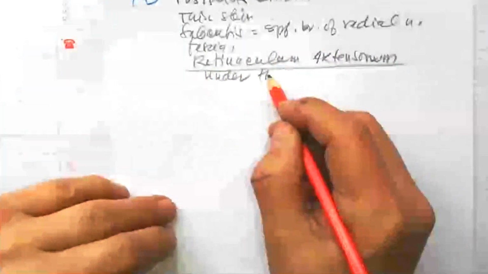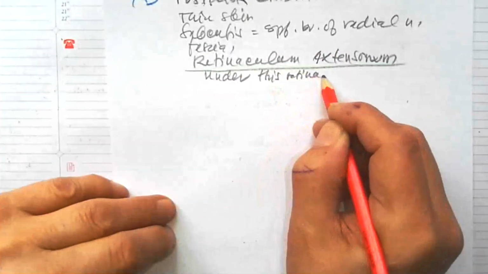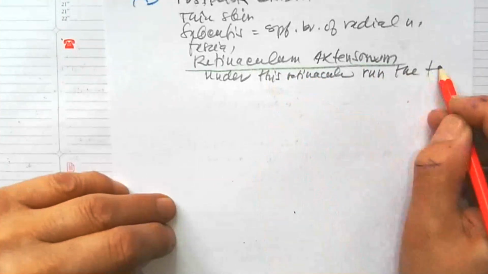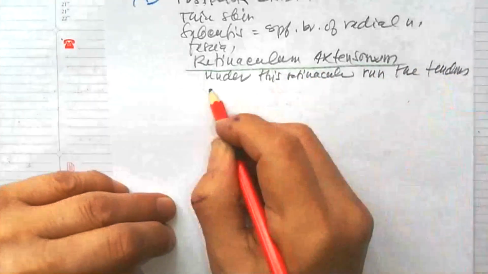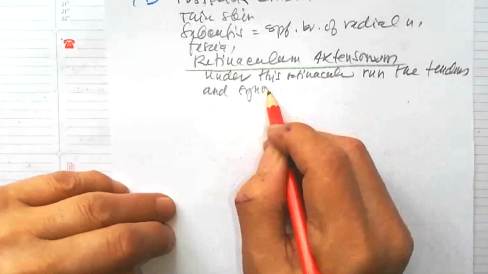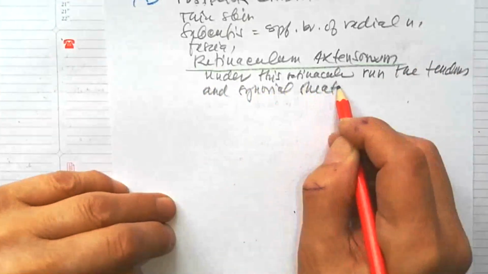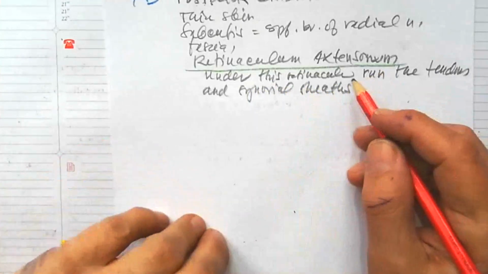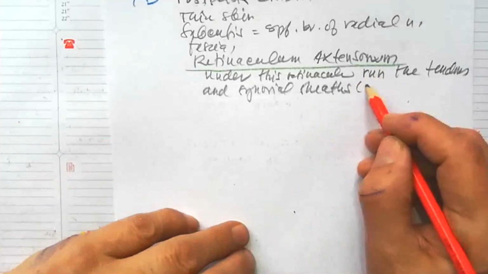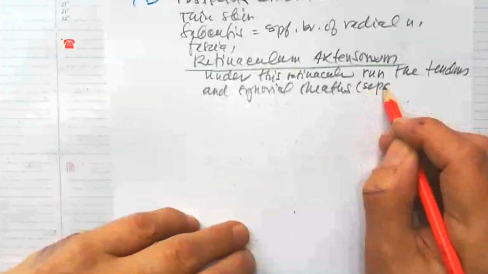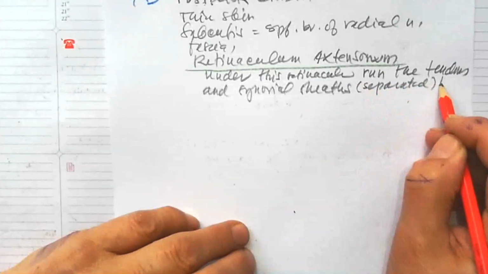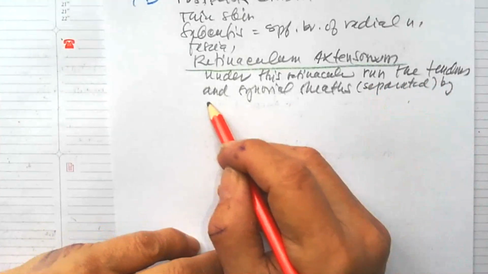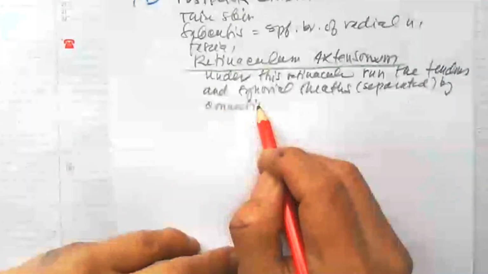Under this retinaculum run the tendons and synovial sheaths, which are separated by connective tissue.